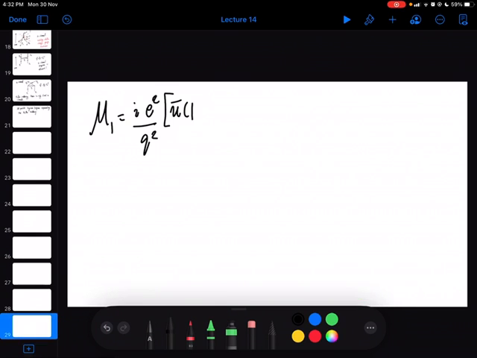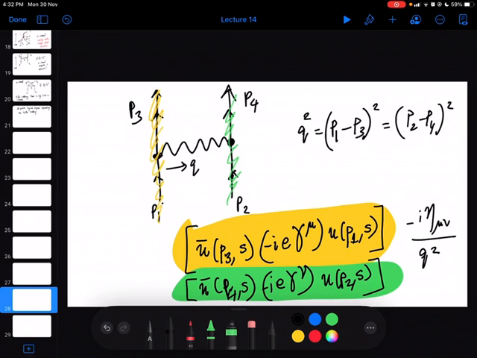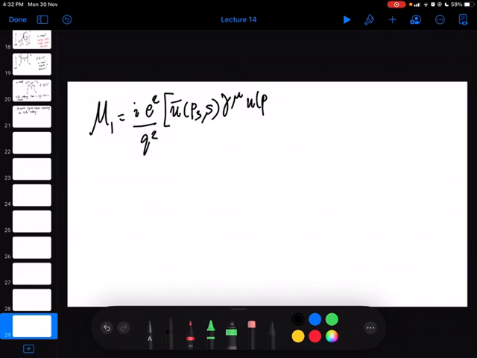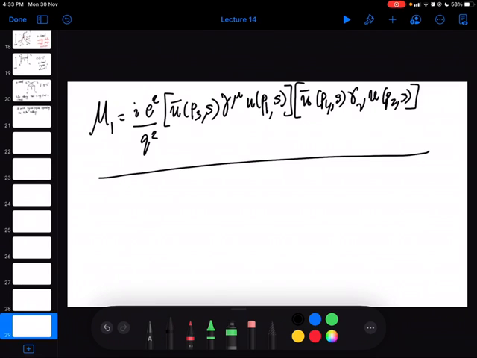So this just becomes u bar p3 of s gamma mu u of p1 of s, into u bar p4 of s gamma nu u of p2 of s. So your amplitude looks very simple and nice and cute.